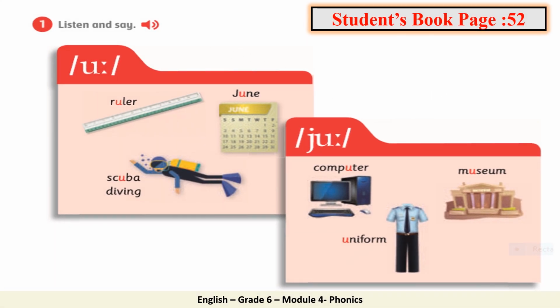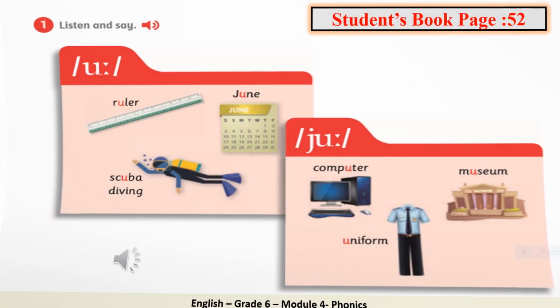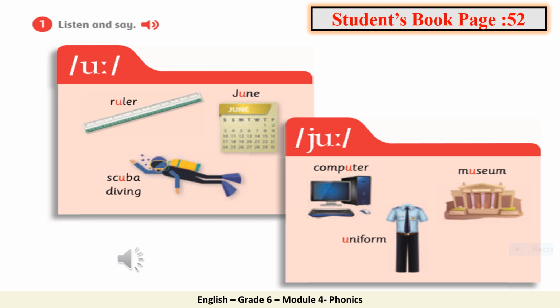Now, I'd like for you guys to go to the student's book, page 52, exercise 1. We are going to listen and repeat. Module 4, Phonics. 1. Listen and say. Ooh, ooh.